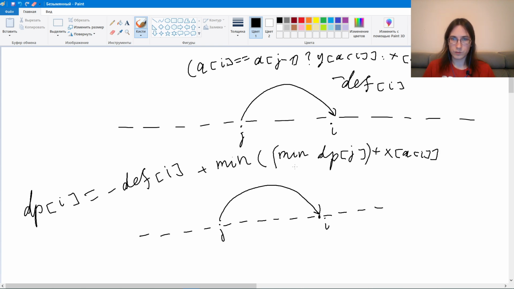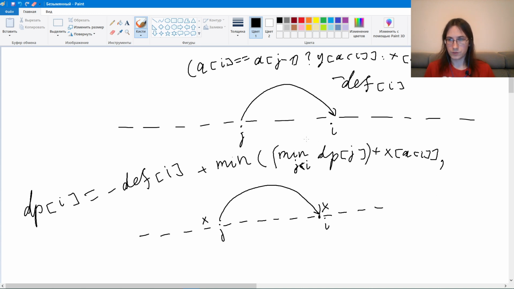This means the minimal dp j, so minimal j less than i. We just need to know the best j that we calculated so far, the best j that occurred before i. Obviously, we can just keep track of the best dp so far. There is no problem in it. And the second option is if we want to pay the low price. Then we will have to jump from any position such that a of j minus 1 is equal to a i, so that this element here is equal to our element.